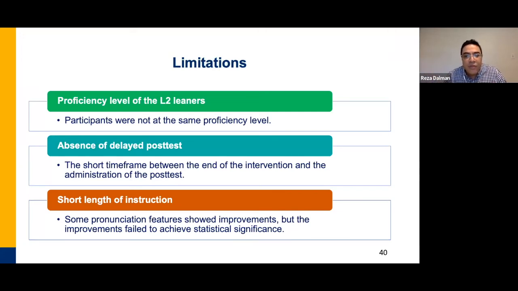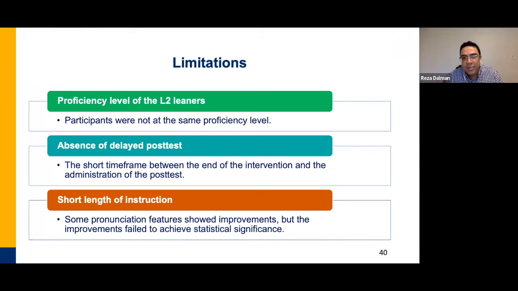Also, the length of instruction in this study was short. There were only 3 weeks of explicit pronunciation instruction. That's why some of the pronunciation features, such as the fluency features, pitch range, and rising and falling tone choice, did not show significant improvement. Although they improved to some extent, this improvement did not achieve statistical significance.